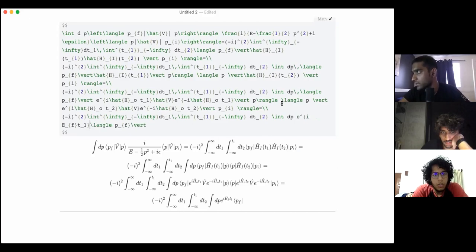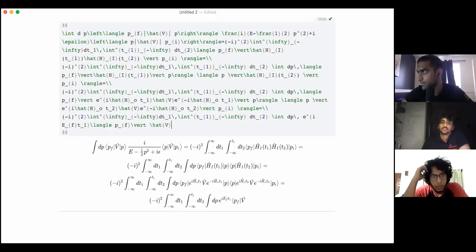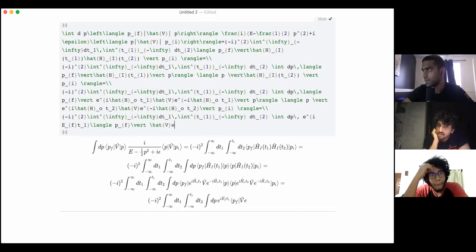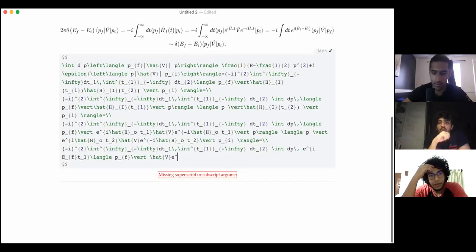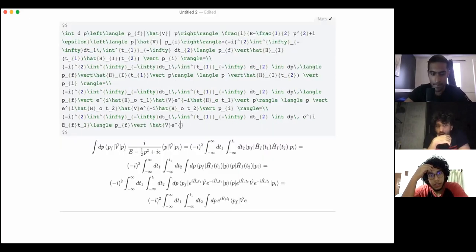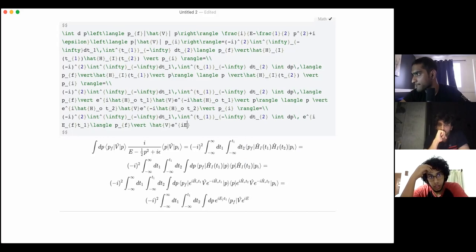So we collected that one. And then we have hat V. And here we're going to have something different. We're going to have e power... okay, let's see if I can get this right.